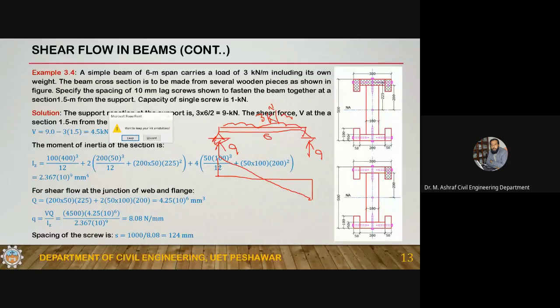This is 9, this is 0, so what will be the value at the center? 4.5. He is saying to design it for this location, so here the shear value is 4.5.